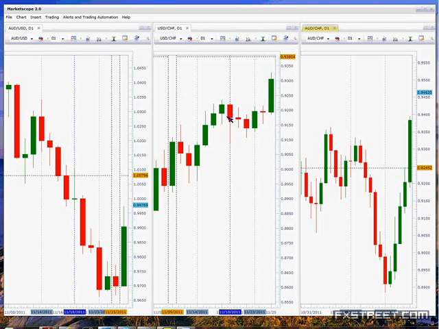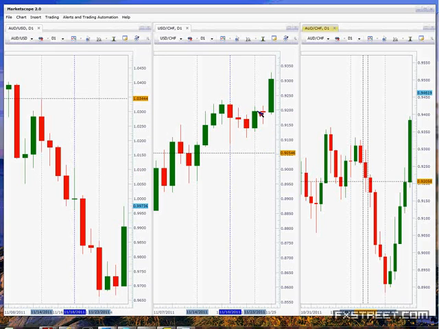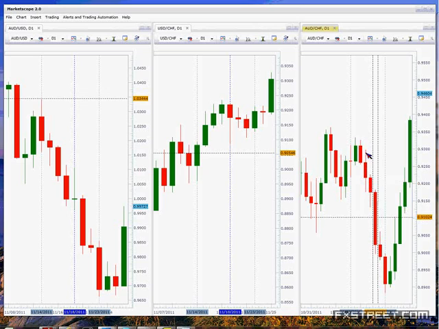Aussie was strong, but Swissy was stronger than Aussie just because it was too much red versus green. So in terms of Aussie Swissy, this is one of those times I have to apologize because I confused myself. So on this day, Swissy was stronger than Aussie, sustained more than that. So it should have been red, not green. My bad. But that's the logic.